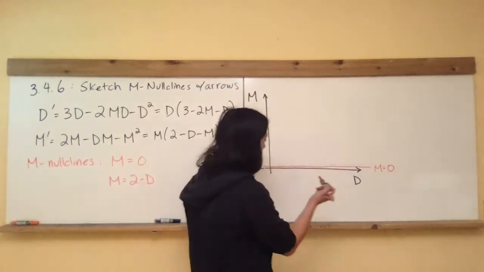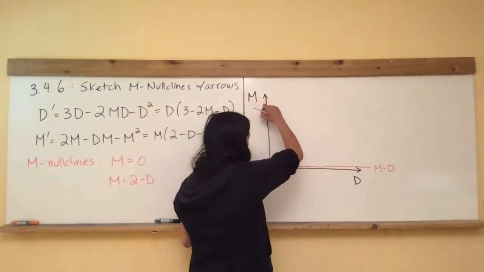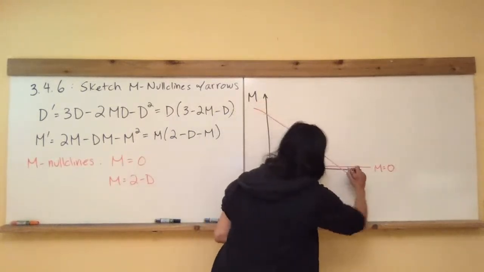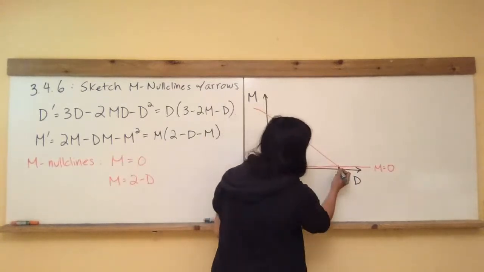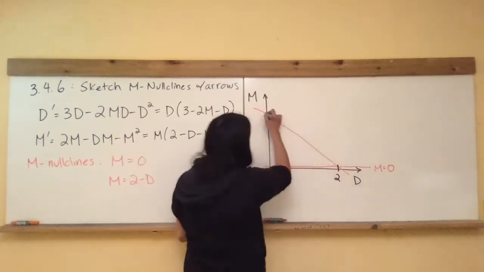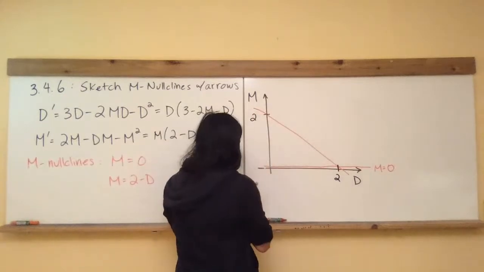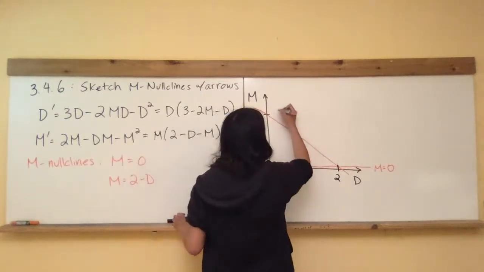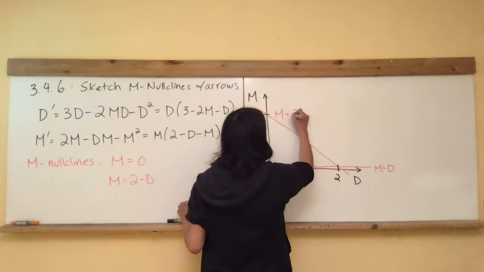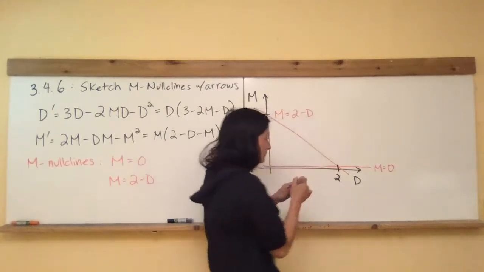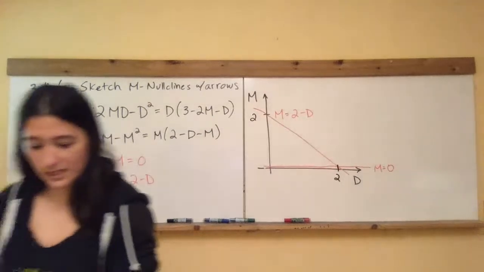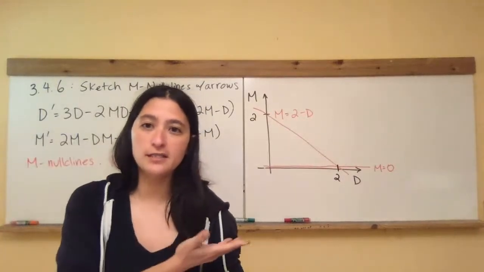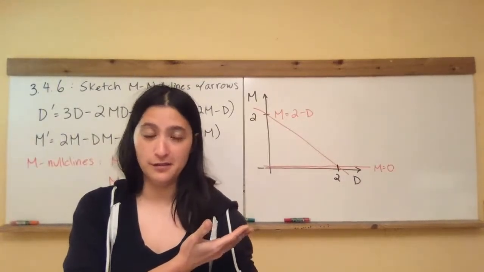So this other one is going to look like this, where it hits 2 right here. It has an x-intercept of 2 and also a y-intercept of 2. This is the line M is equal to 2 minus D. So when it says to just sketch the nullclines, there you go, you sketch the nullclines.